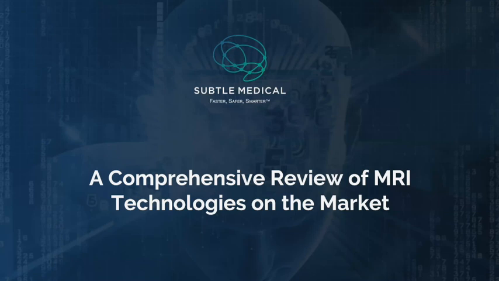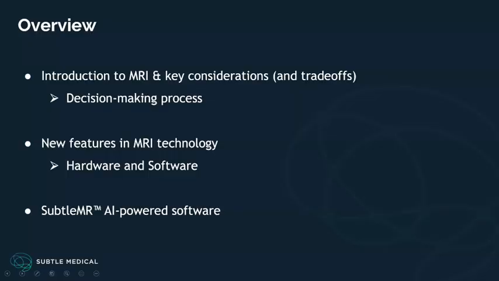So as Anna said, what we're going to do is overview some of the key technologies available on the MR scanners today. A brief agenda here. I would start with a brief introduction to MRI and then move into the key considerations or the metrics and trade-offs which can come up during the decision-making process for a specific organization when they're trying to upgrade the performance of their fleets.